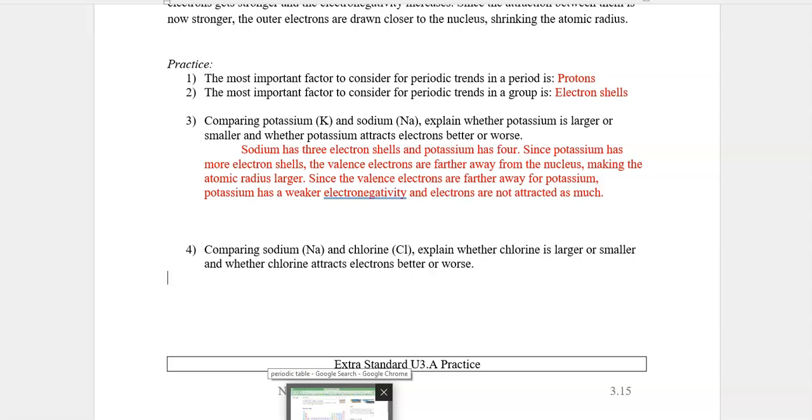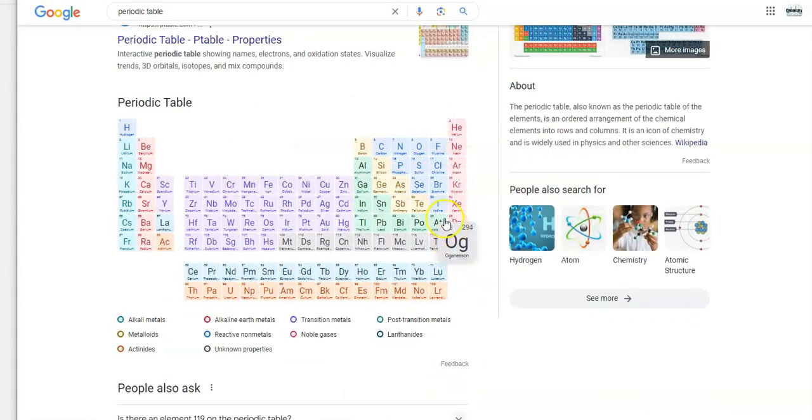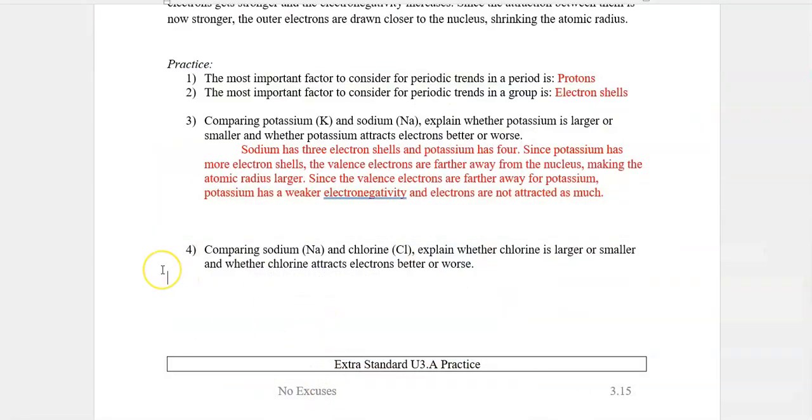Alright, you've unpaused the video. So chlorine's right here, sodium's right here. They are in the same row, that's period. So that means the most important factor is protons because they all have 3 electron shells in that period. So we're going to say chlorine has more protons than sodium, but the same number of electron shells.